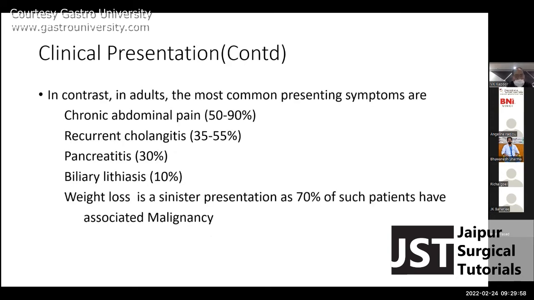In contrast, in adults, the most common presenting symptoms are chronic abdominal pain, recurrent cholangitis, pancreatitis, biliary lithiasis. Weight loss is a sinister presentation, as 70% of such patients have associated bile duct malignancy.